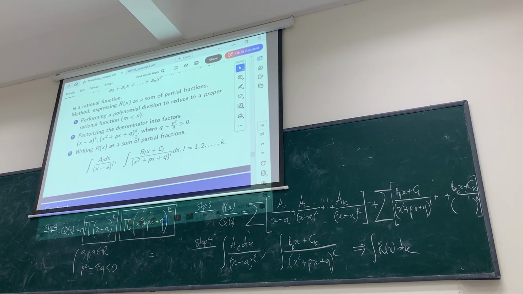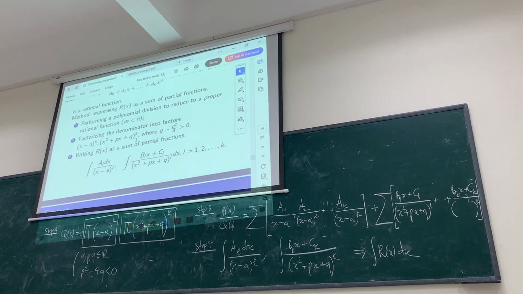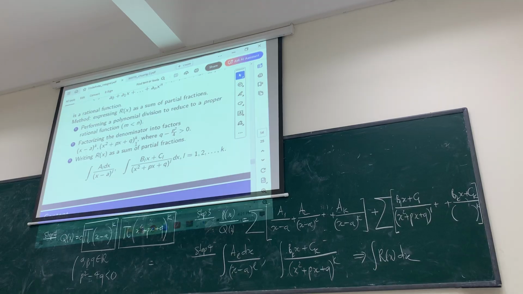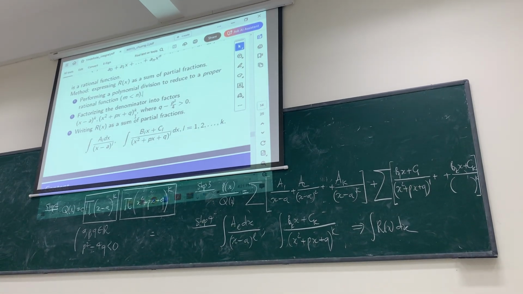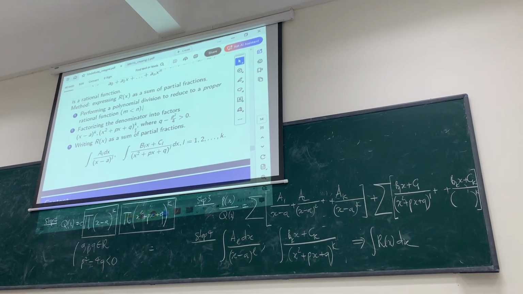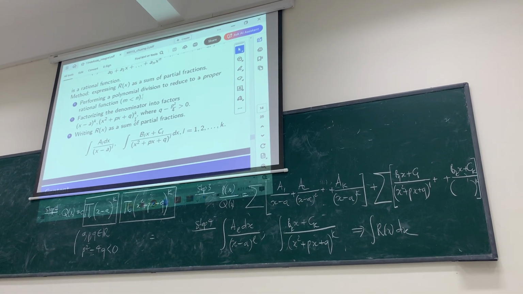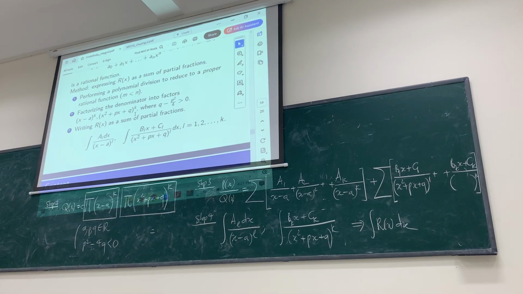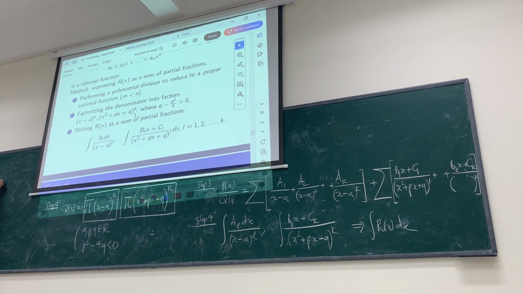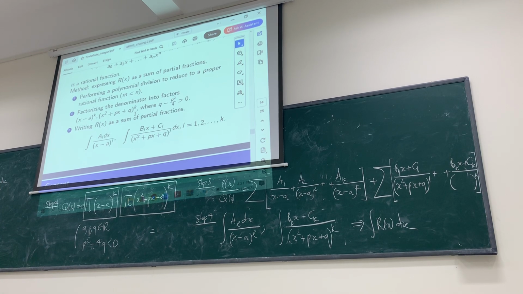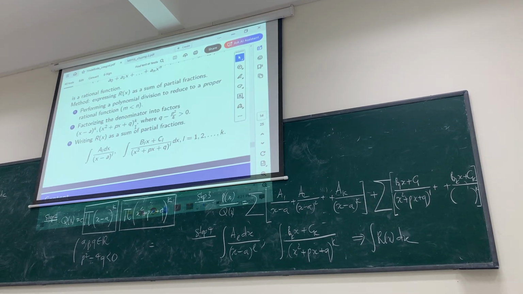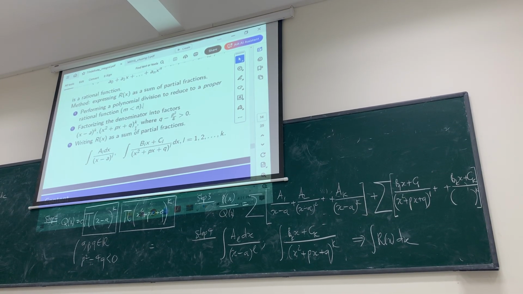We want to evaluate the integral of x to the power 4 over x to the power 4 minus 1.